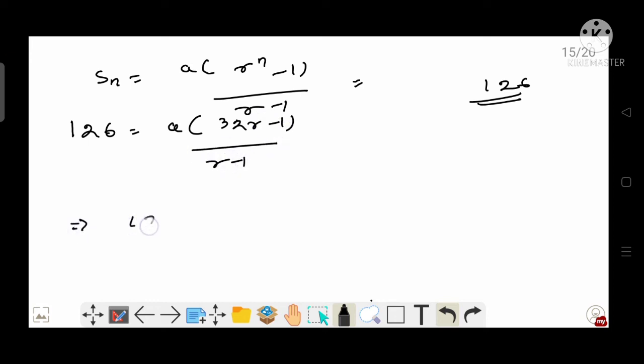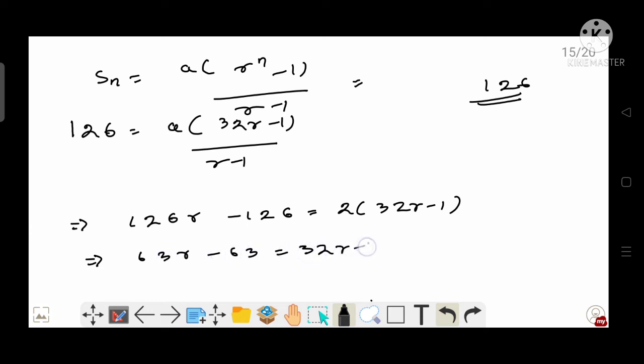This means that 126r minus 126 equal to 2 into 32r minus 1, that is, 63r minus 63 equal to 32r minus 1. This implies 31r equal to 62, so r equal to 2.